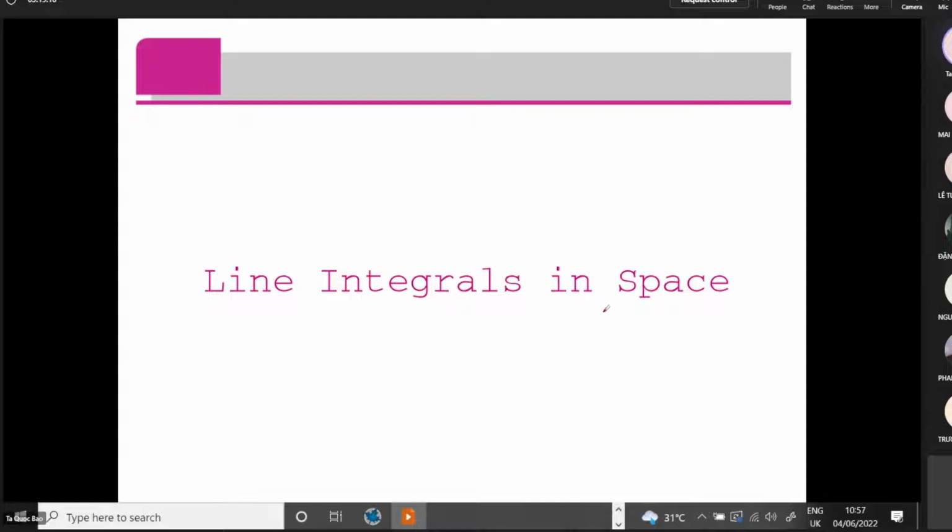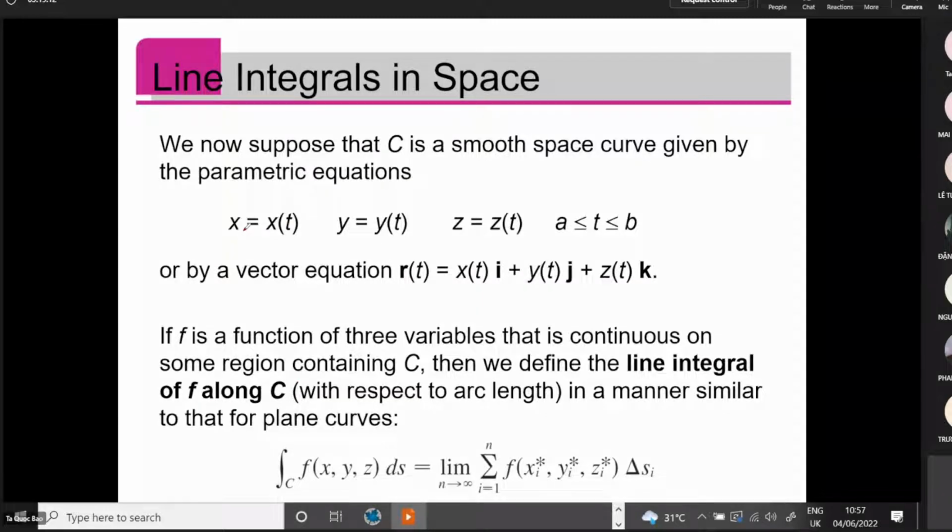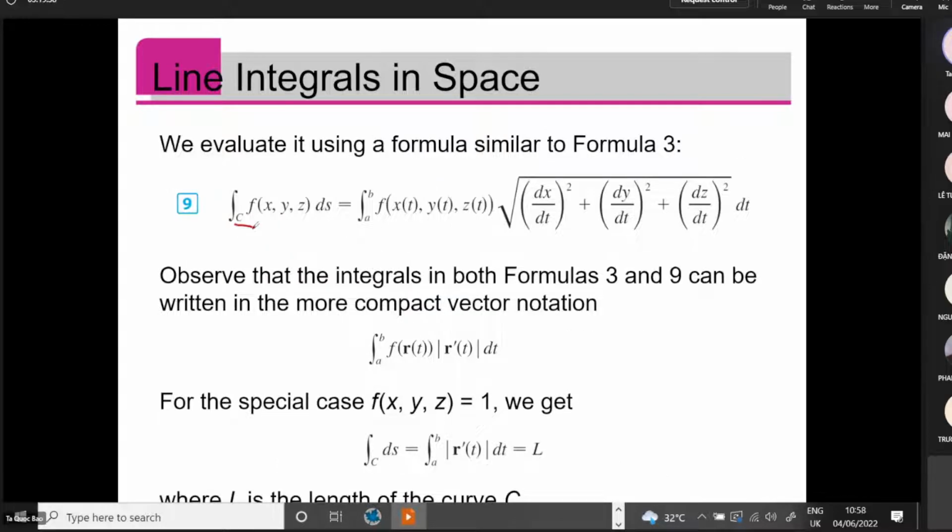So now integrals in space. In space we have x equal to x(t), y equal to y(t) and z equal to z(t). Therefore, our vector r(t) looks like this. So now we have the integral of f along C. This is an extension of the integration of f along C in 2 dimensions. So we also have this formula.